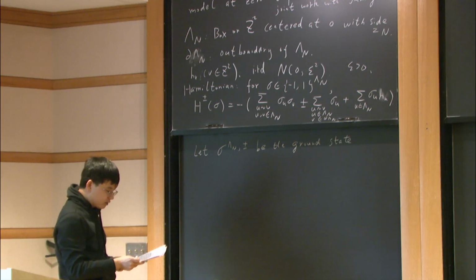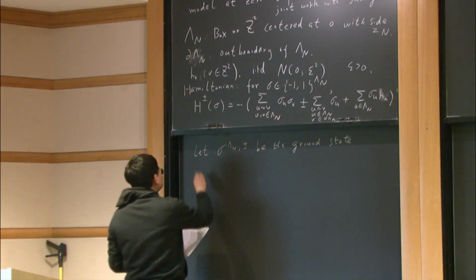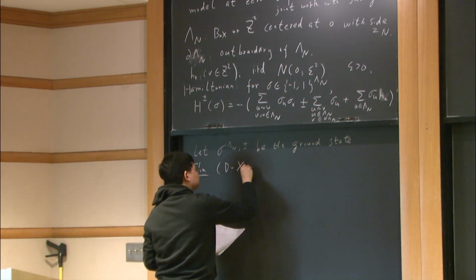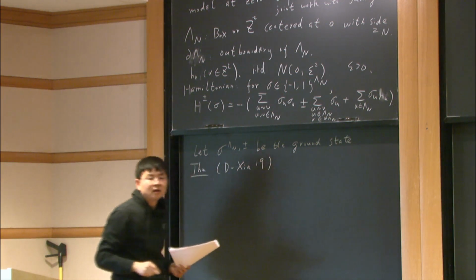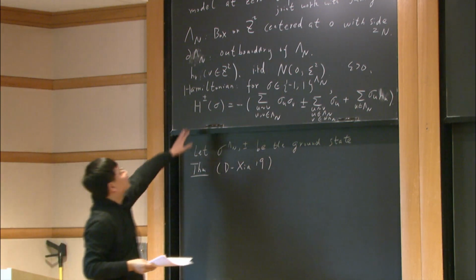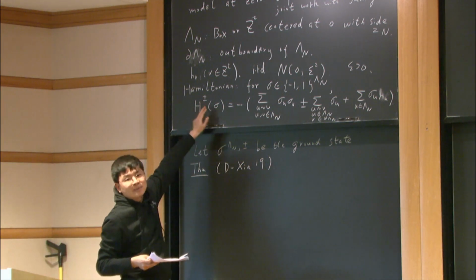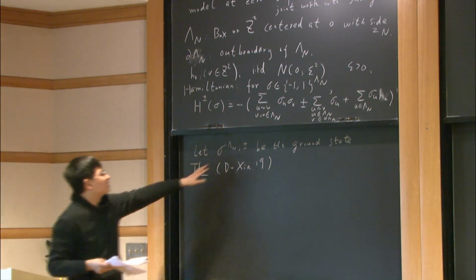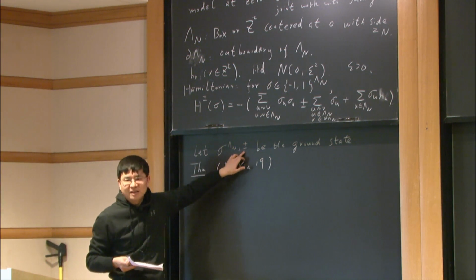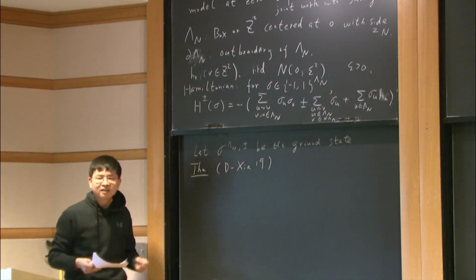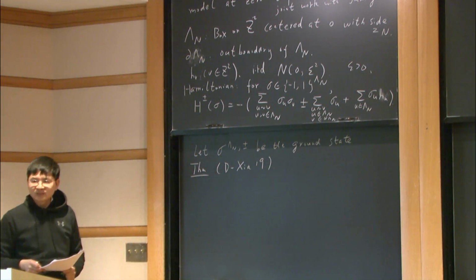Now I'm ready to state the theorem for today. This is the Hamiltonian with the plus boundary condition or with the minus boundary condition, and the ground state is also with the plus or minus boundary condition. You can consider other boundary conditions, but these are the two that matter for us.